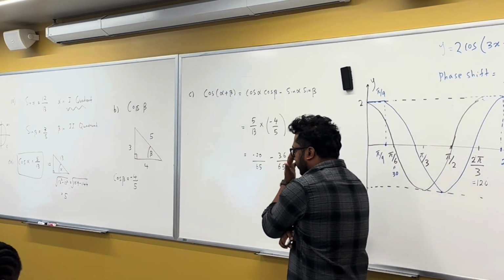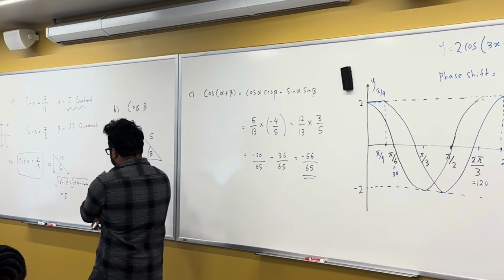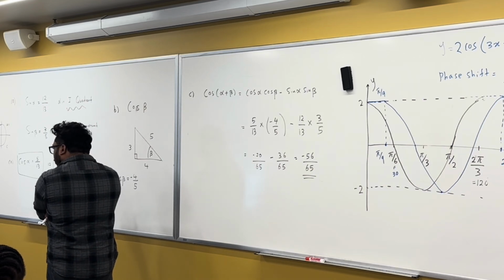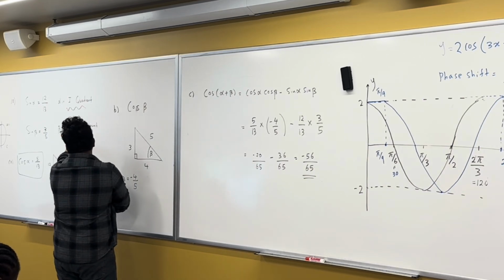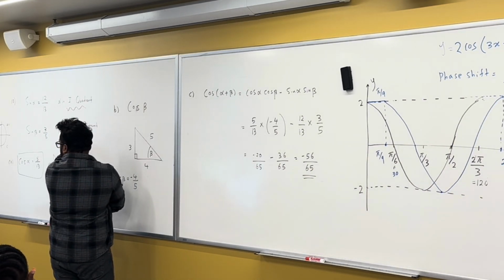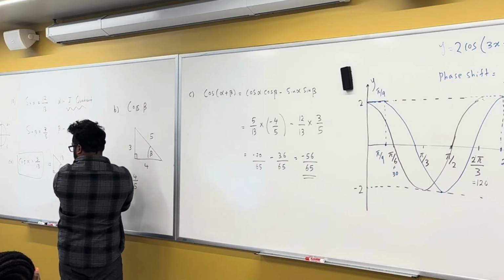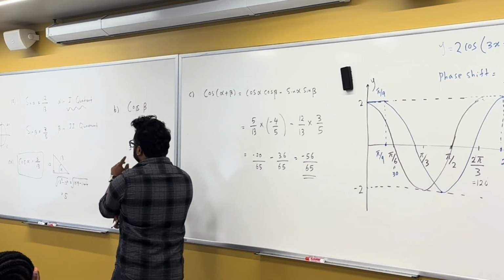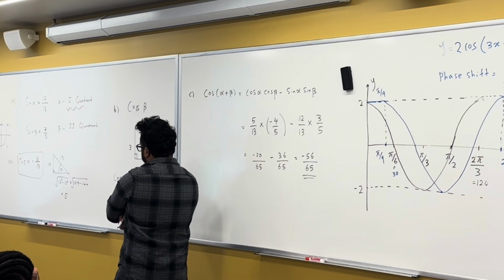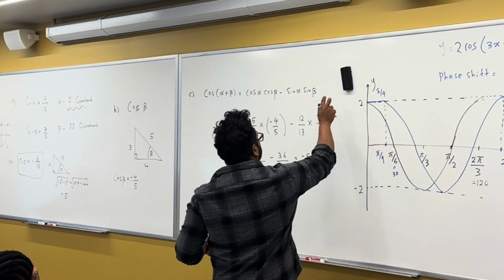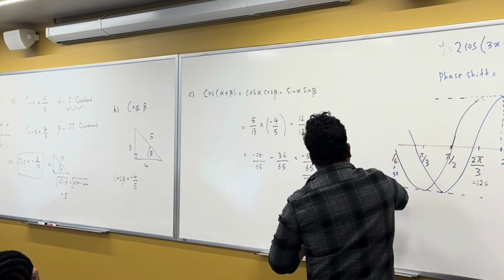Have a question somewhere? The reason is beta is in the second quadrant. You still have to include that information. Those two angles are totally different. Any other questions?